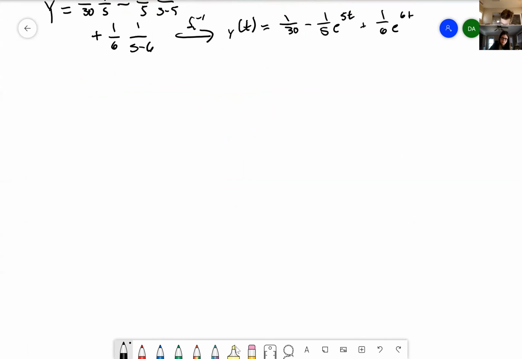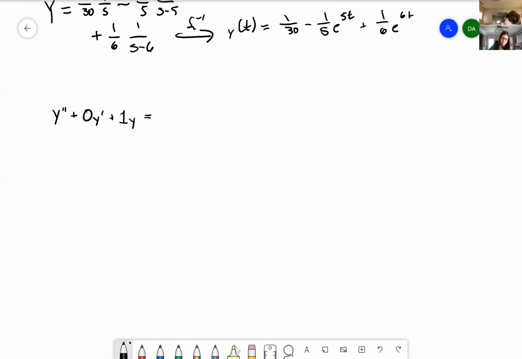Okay, solve the initial value problem, and WebWork is doing its WebWork thing, saying it's y double prime plus 0 y prime plus 1 y. You know, WebWork, you could have left out those parts.